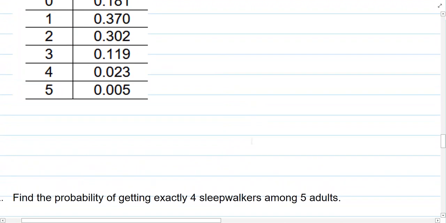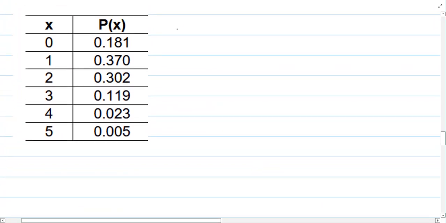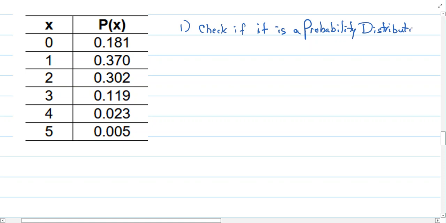So we want to first add them up. So we need to see it adds up to 1.